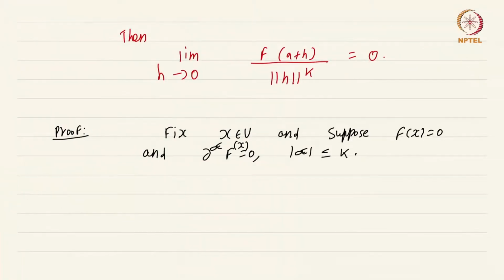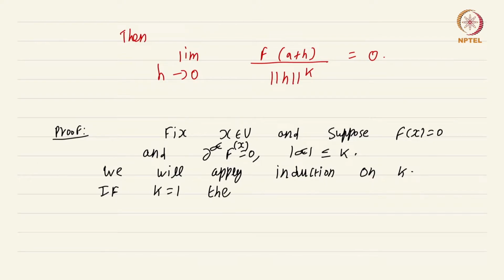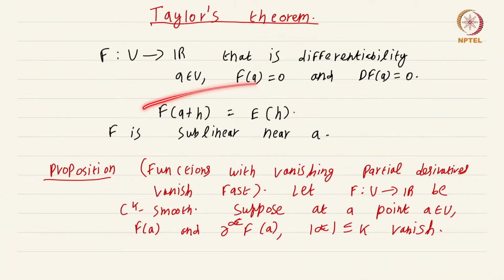Okay, now we will apply induction on k. If k is equal to 1, then we are done, because we just analyzed that case right here. f of a plus h is e of h, and the characteristic property of the error function is the limit as h goes to 0 of e of h by norm h equals 0.